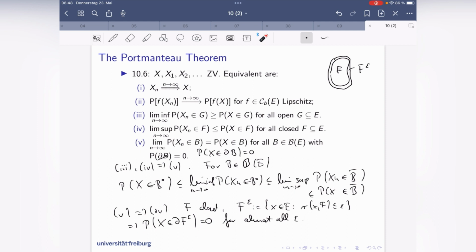So I have this here, and I can then use this and say lim sup n goes to infinity pi xn in f is of course smaller or equal than lim sup over n goes to infinity pi xn is in f epsilon k. And the epsilon k is now a sequence such that the bounds always have probability 0.